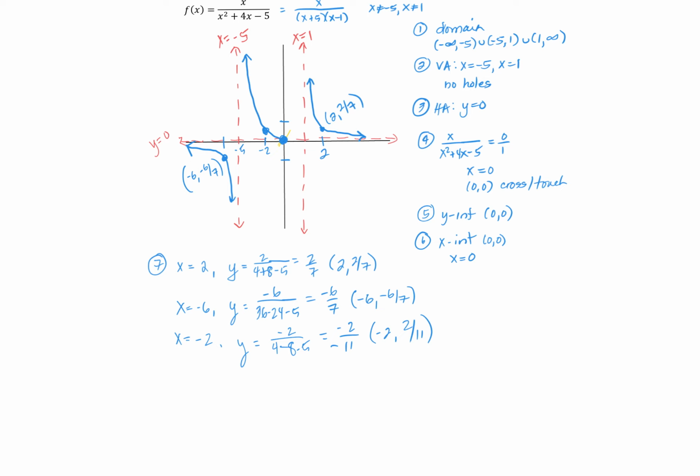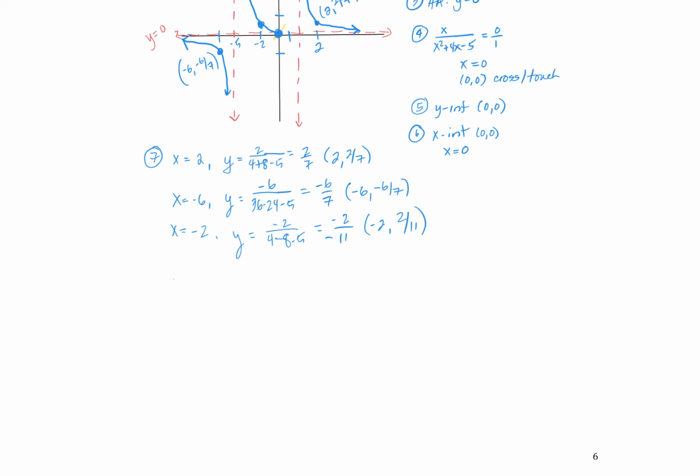So now the question is, between x equal to 0 and x equal to 1, is it going to go back up or is it going to come down? I have to find a value in between, and it looks like x is equal to 1/2 might be the best choice, which would give me a y value of 1 over 2, let's see, 1 over 4, plus 2, and then a minus 5.